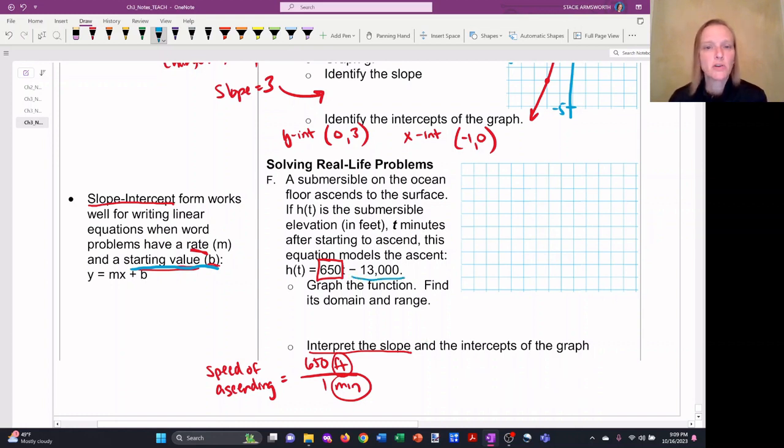And so this must be my starting point. The submersible must have started at negative 13,000 feet below sea level. So the y-intercept represents the starting point, the starting depth of the submarine.